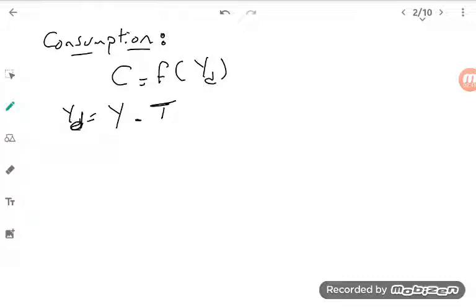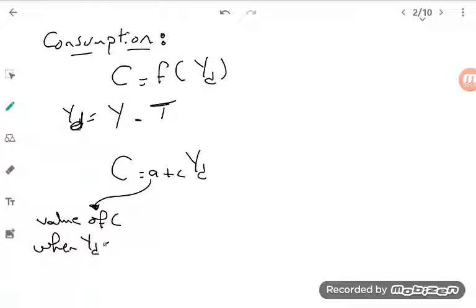So we can write the consumption function as C equals A plus small c YD, where A is the intercept, which is the value of C when YD equals 0, and small c is the marginal propensity to consume, or MPC, which is the change in consumption due to a change in disposable income by 1 unit.